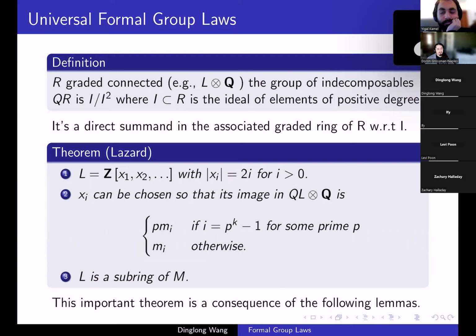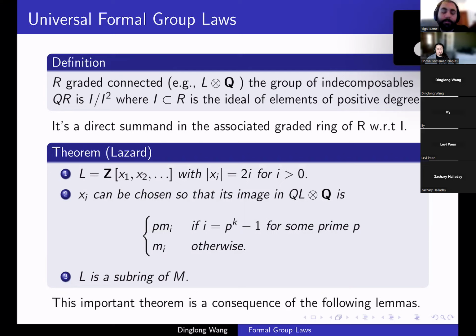So let me recall a definition. If R is a graded connected ring, then the group of indecomposables, QR, is I quotient I squared, where I is the ideal of elements of positive degree. It's a direct summand in the associated graded ring of R with respect to I. And the theorem of Lazard tells us that, first, the structure of L is really simple.